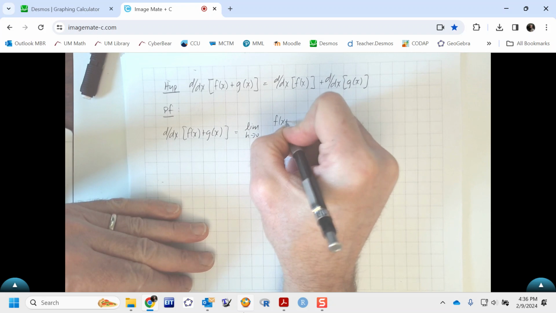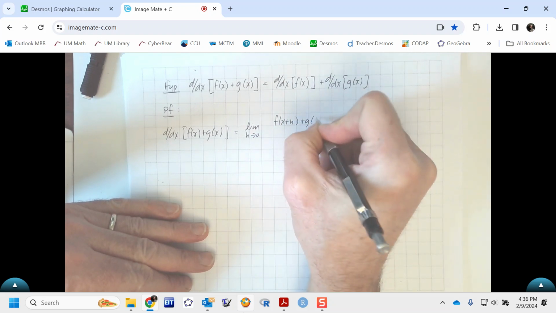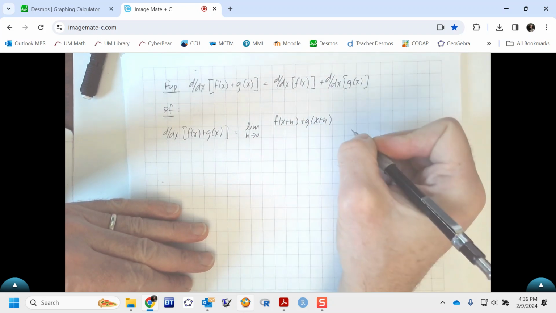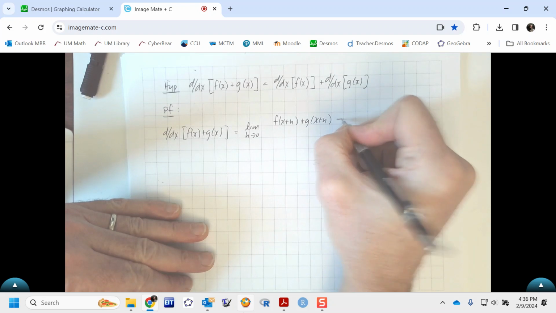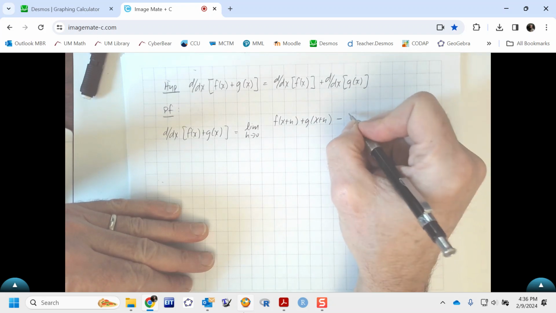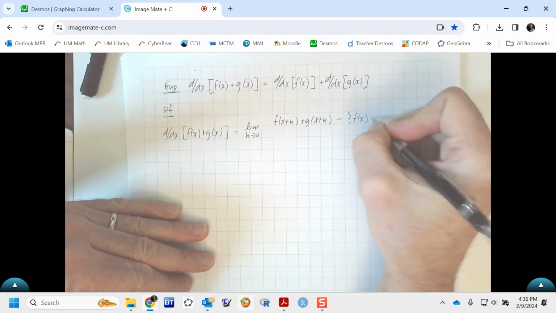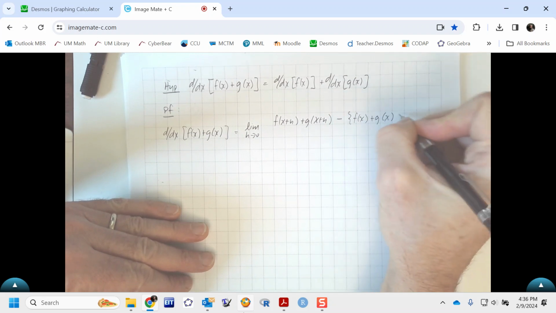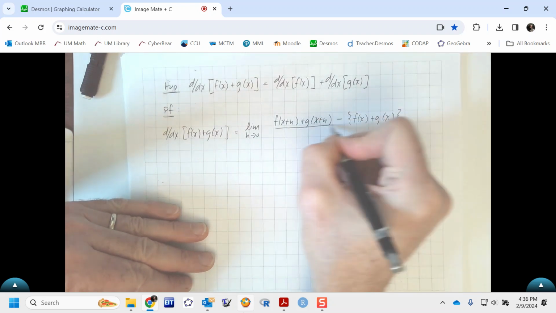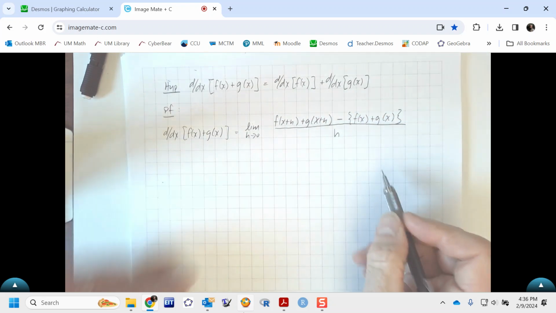So f of x plus h plus g of x plus h. So that's the first term, and we're going to subtract, I'll use curly braces, f of x plus g of x, all over h.